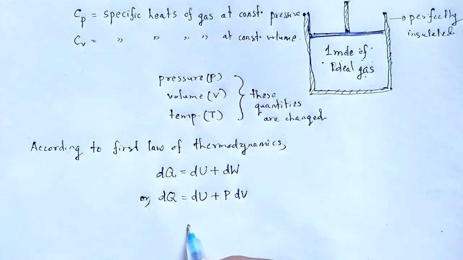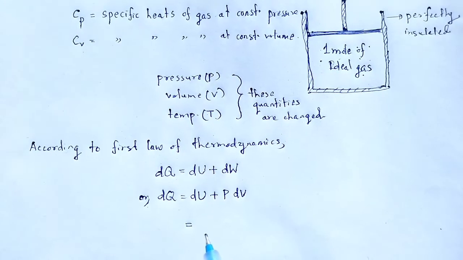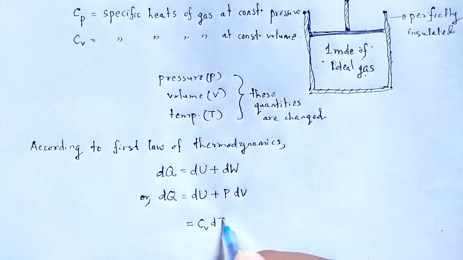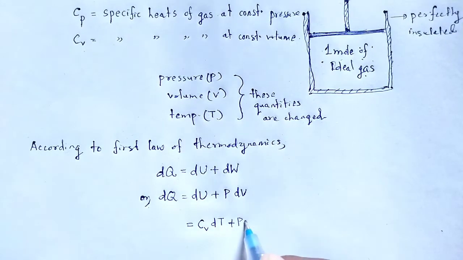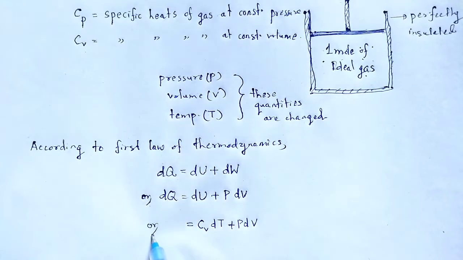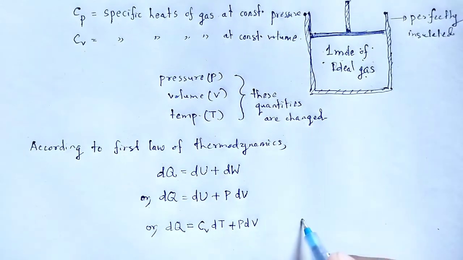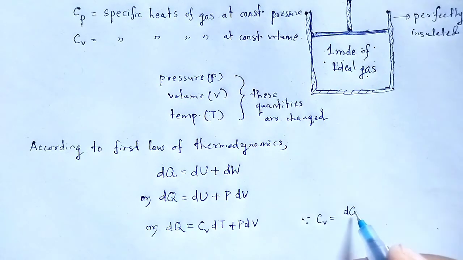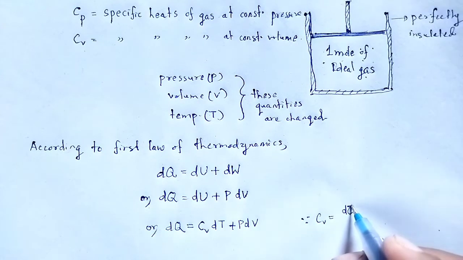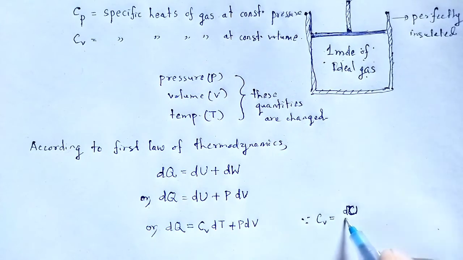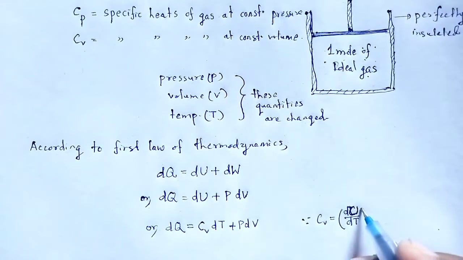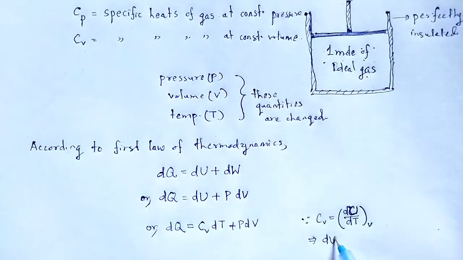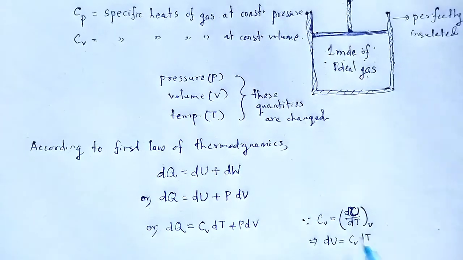Here we know, as Cv is equal to du by dt at constant volume, therefore du is equal to Cv dt.